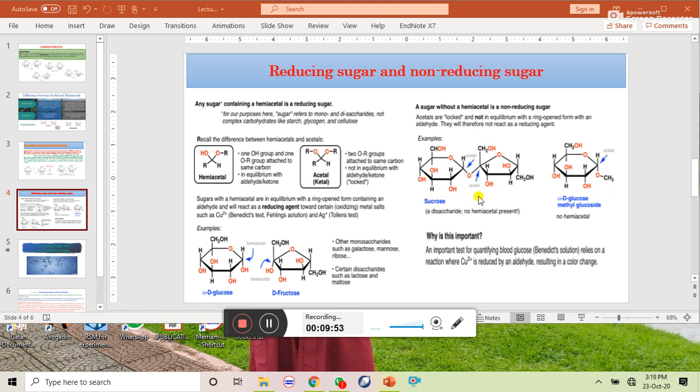Here you can see acetal. Here also the acetal. Here also you can see the acetal. Why is it important? Because this is a test for quantifying blood glucose. By this test you can determine the amount of sugar in the blood.